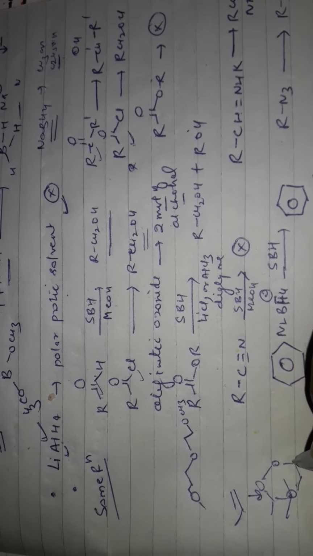Ester will not reduce, and amide will also not reduce. If you add it here, it will not reduce. So the question is why these amides and esters are not reduced. The first point is this CONH2.